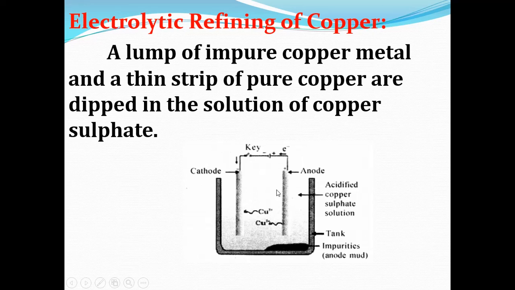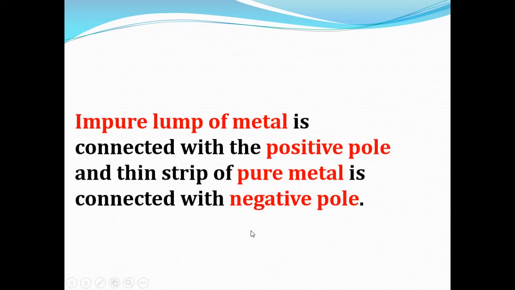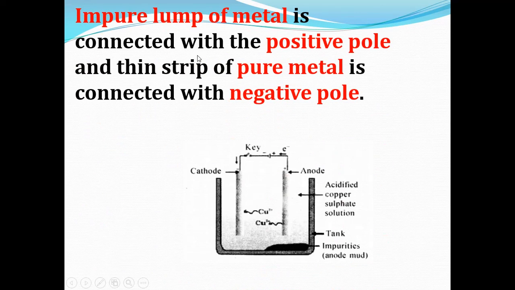The impure lump of metal is connected with the positive pole, that is the anode, and the thin strip of pure metal is connected with the negative pole, that is the cathode.